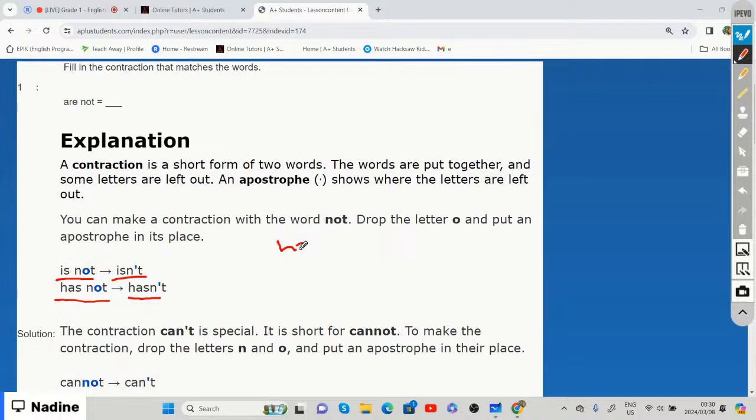We can say have not. Who knows what is the contraction of have not? So have not. If is not is isn't, has not is hasn't, what is the contraction of have not?